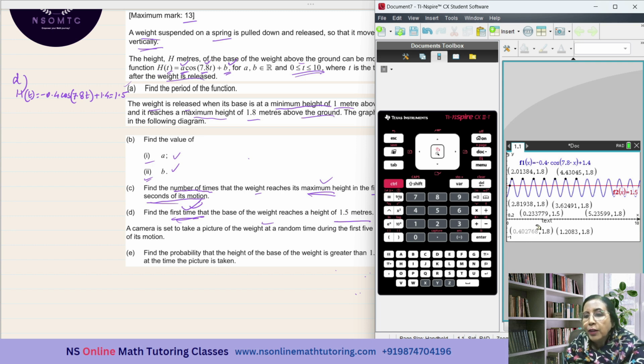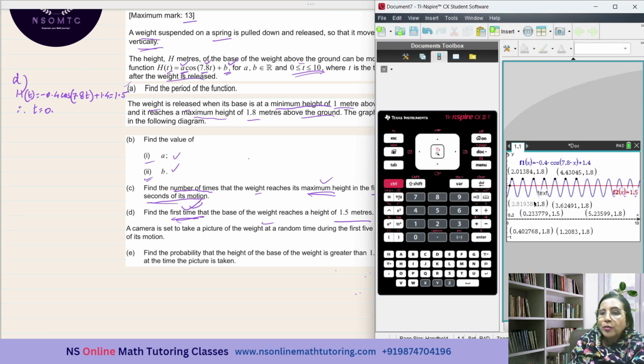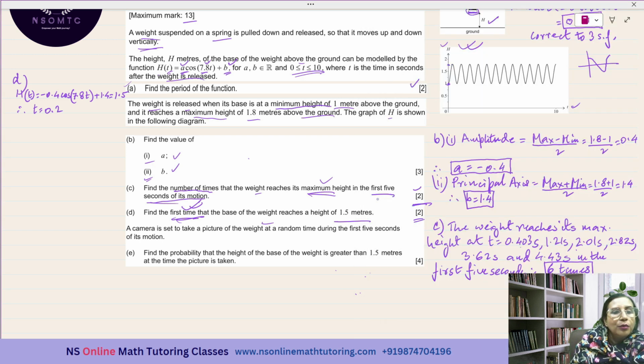If we take the x coordinate, that is the t, it is 0.233779. Therefore, t is equal to 0.233779 seconds for the first time.